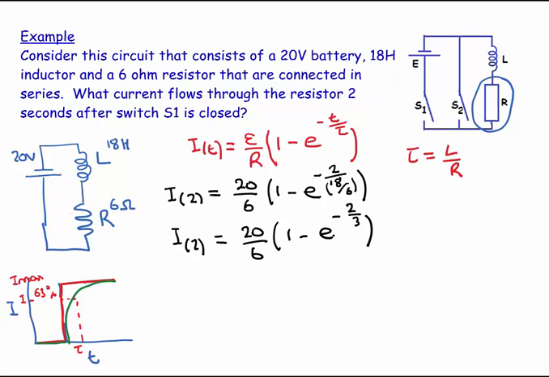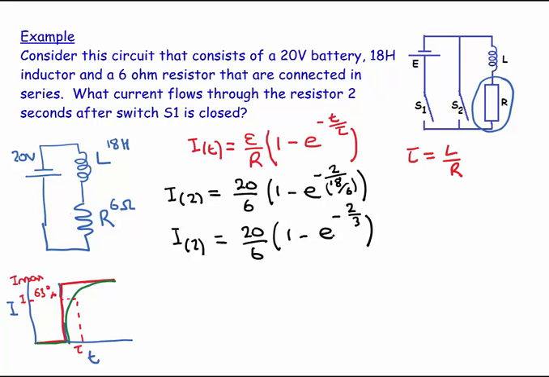So I get my calculator and go second, e to the x, and then minus 2 divided by 3. Enter. Then I say 1 minus second answer.